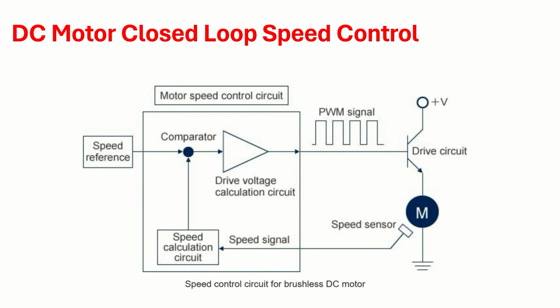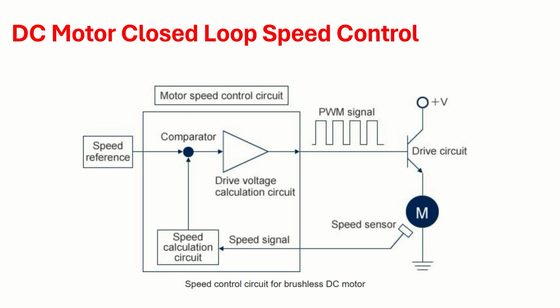Let us look at the closed loop control system. Closed loop means it's not just that, for whatever desired value, you generate the pulse on time and off time to achieve it.